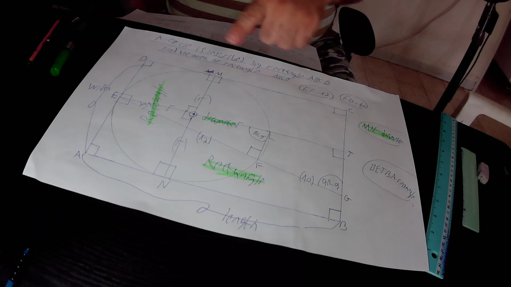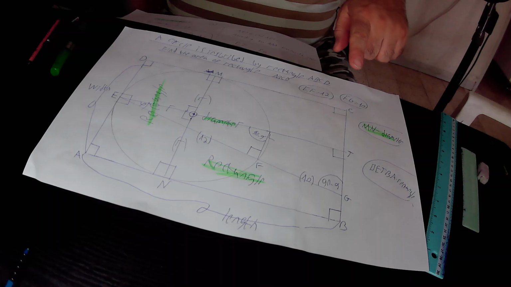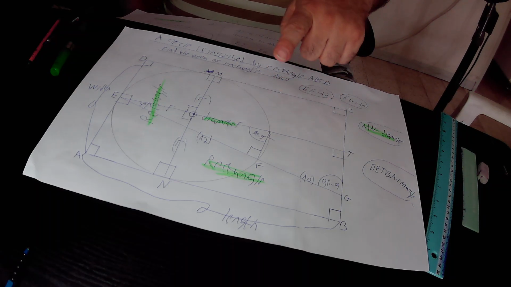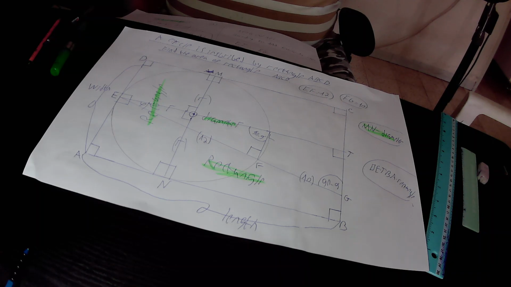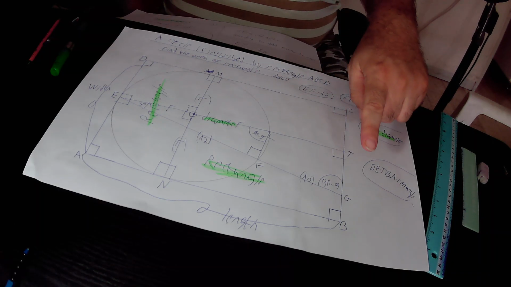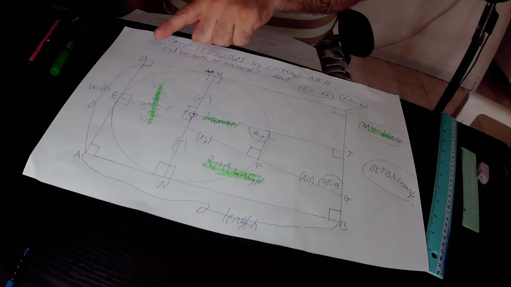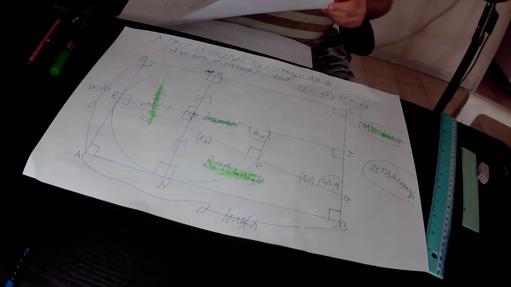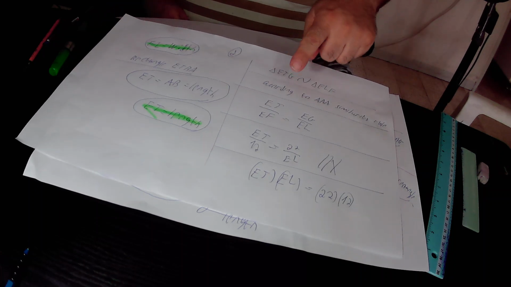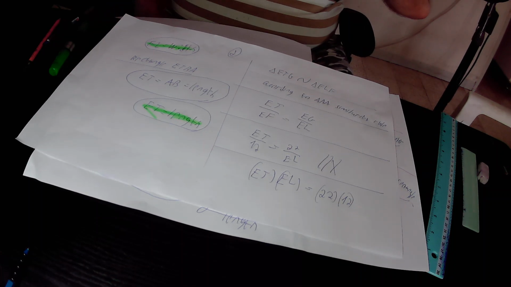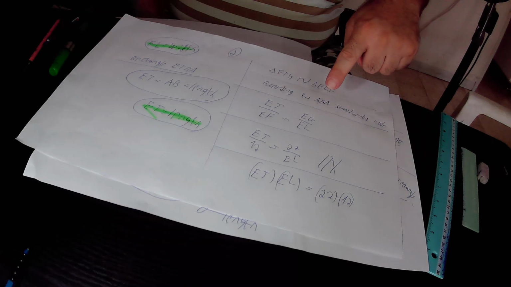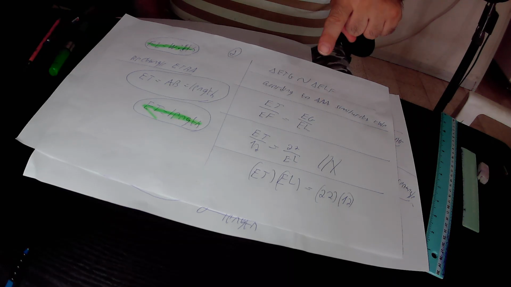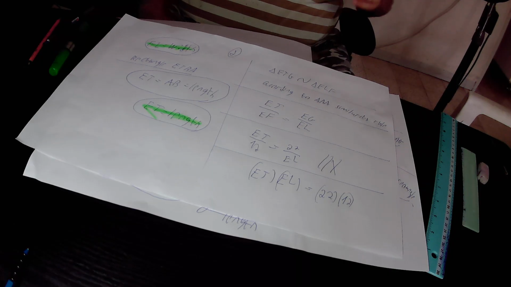We derive that side ET of the big right triangle ETG over side EF of the small right triangle ELF is equal to side GE of the big right triangle ETG over side EL of the small right triangle ELF.